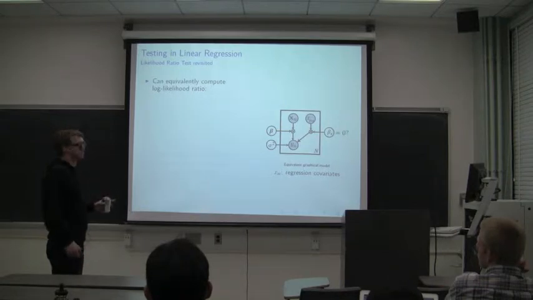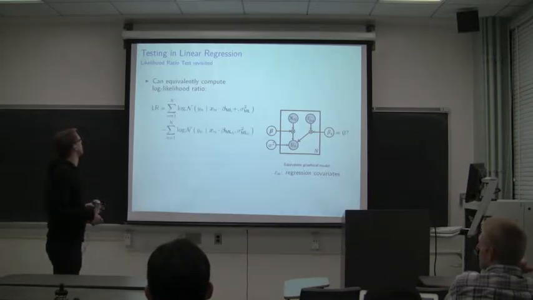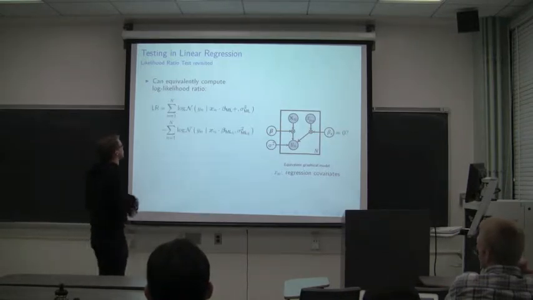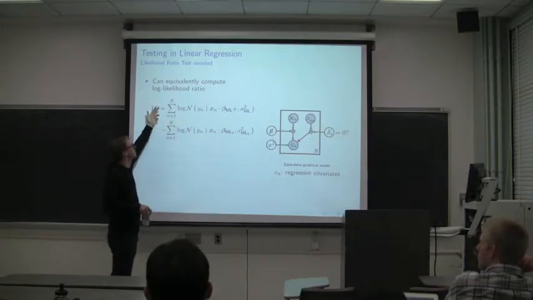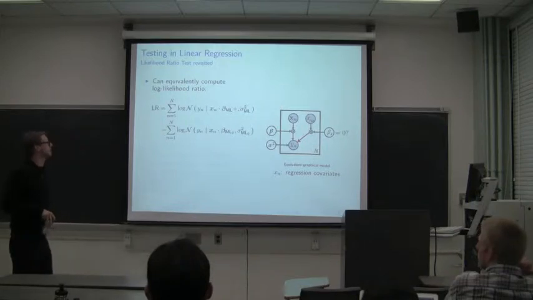If you want to get a p-value out of that, you usually go to the log likelihood ratio. So you take the log of that ratio, which makes it a difference of the log probabilities.